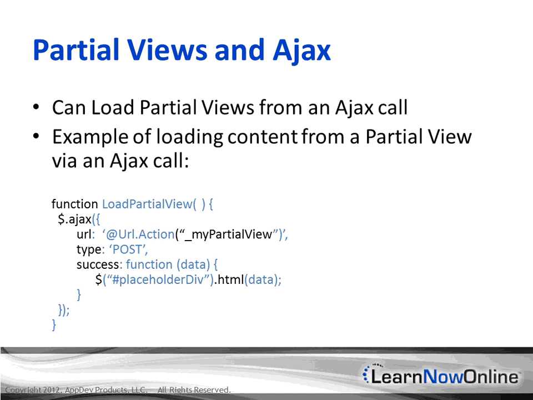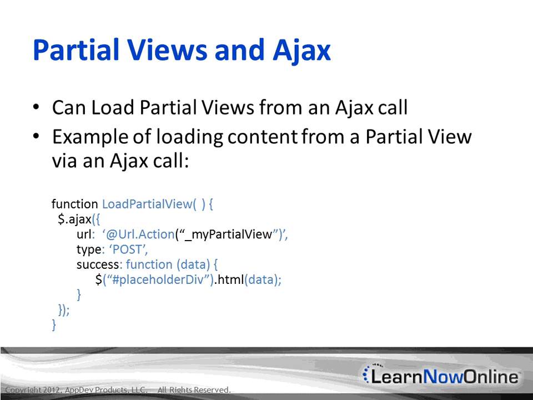Here's an example of loading a partial view from an Ajax call. Here we have a simple JavaScript function called loadPartialView, and within it we are using a jQuery.ajax call. We are passing our URL, which is defined by the @Url.Action, and then in parentheses we are saying MyPartialView, which is shown with the underscore in front of it.